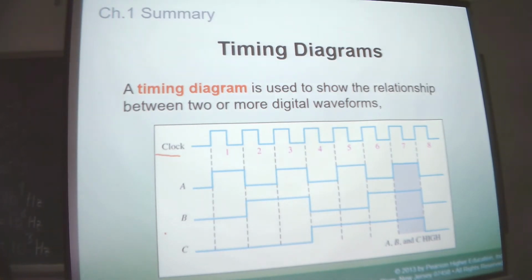A is a signal waveform. B is a signal waveform. C is another signal waveform. In the first period, A is high, B is low, C is low.